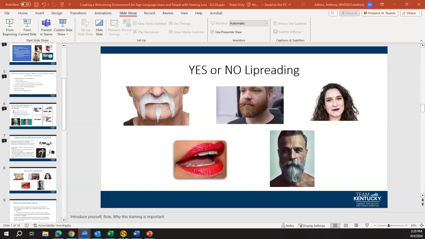Then on the far right at the top, the third individual presenting as a female with dark lipstick. Do you think this would be easy to read or not?